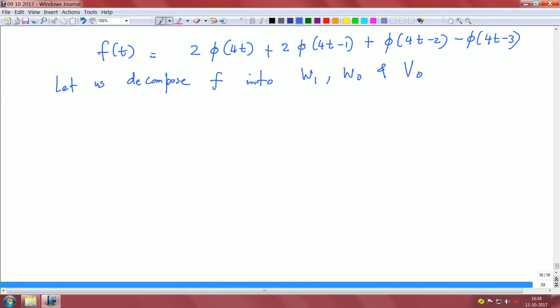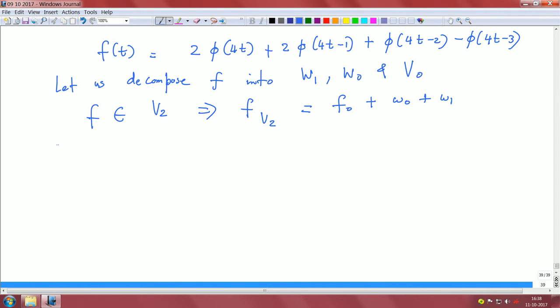That means you will have a component in W1, a component in W0 and in V0. So, f belonging to V2 implies f in this space V2 can be written as f0 plus some component W0 and some component W1.